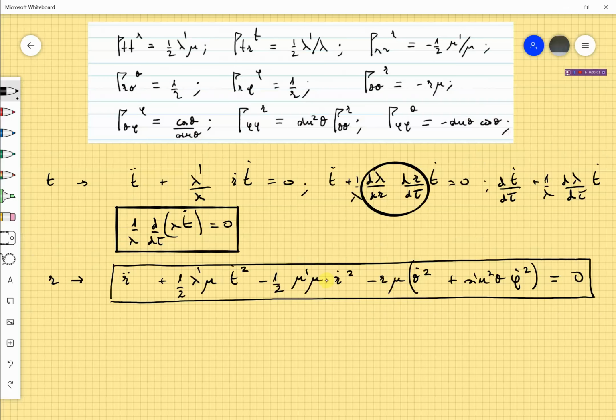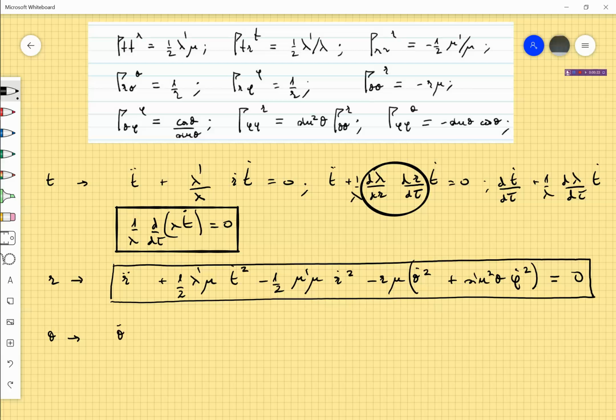Next, let's consider the theta component. We have to look for the components of the Christoffel symbols that have an upper theta index, which would be this one and this one. Okay, so I write everything in one shot.